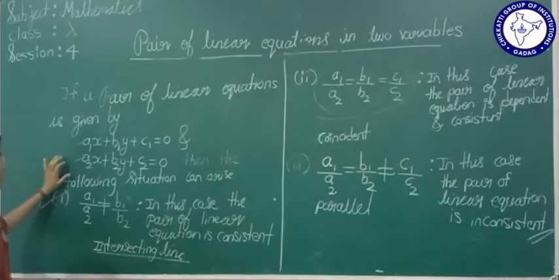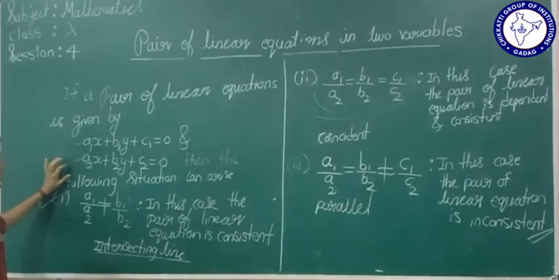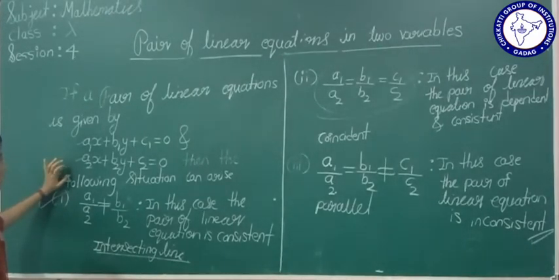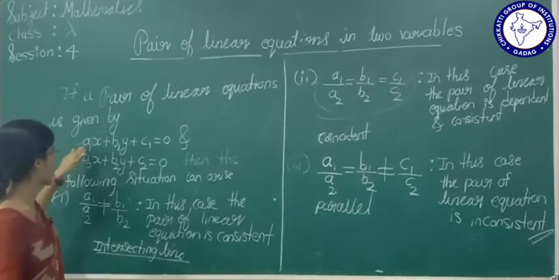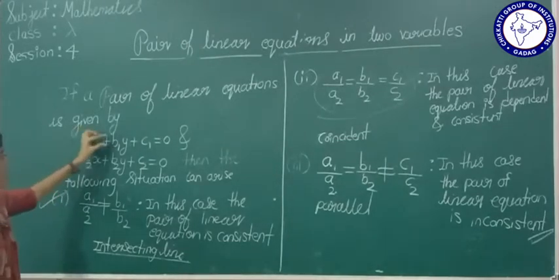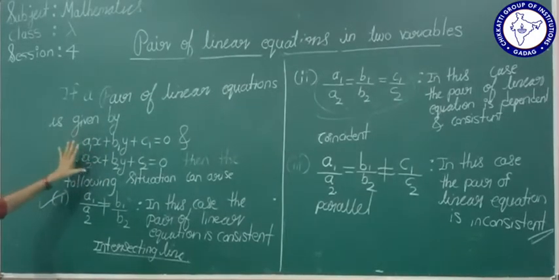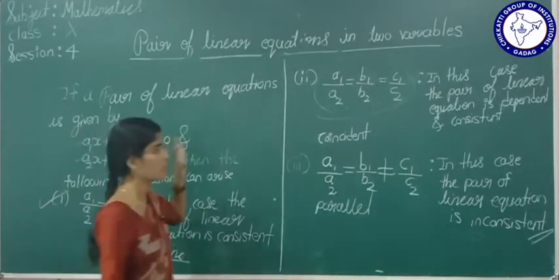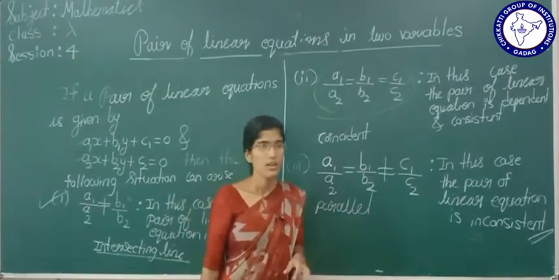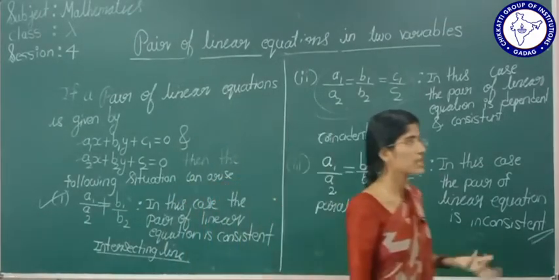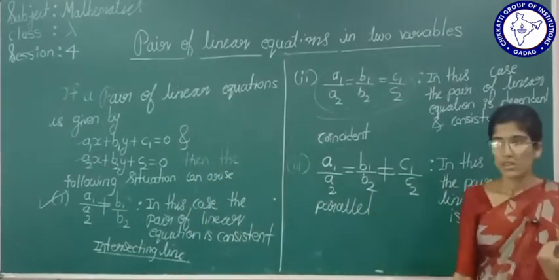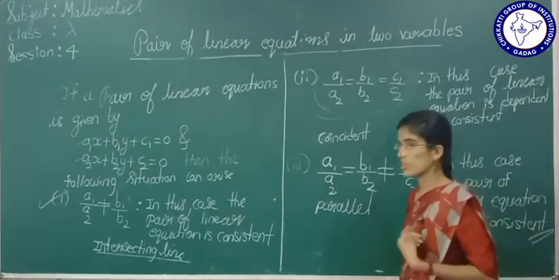Now here, without using a graph, I told you, by finding the ratios of the coefficients, we can tell whether a pair of linear equations is consistent or inconsistent. Here a1, b1, c1 are real numbers, no? Finding these ratios, we can tell whether the pair is consistent or inconsistent.